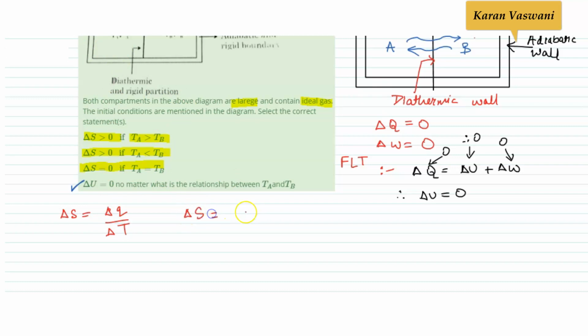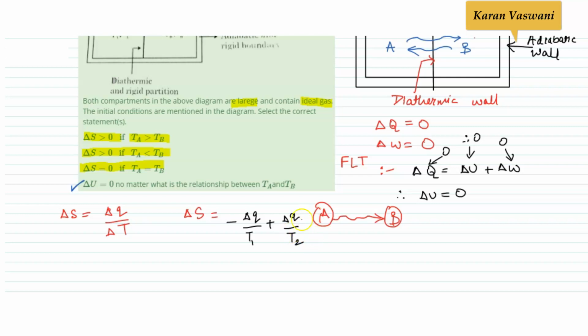Now by comparing A and B, let's say A has greater temperature than B. So heat will be transferred from A to B. And if heat is transferring from A to B, therefore the formula will be minus delta Q upon T1, and since B is gaining, plus delta Q upon T2.